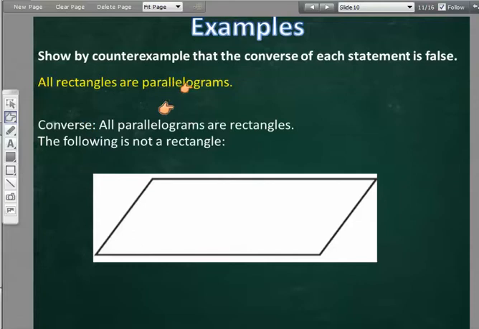When you flip it, you say if it is a parallelogram, then it is a rectangle. Or rather, you could say all parallelograms are rectangles. Well, this picture right here is a parallelogram that is in no way a rectangle. So there we showed by counterexample that the converse of each statement is false.